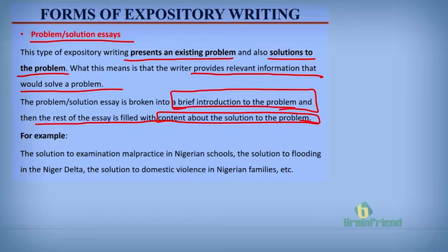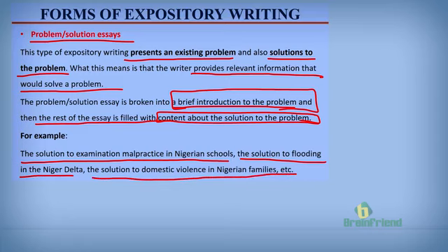Now, an example of this kind of essay would be the solution to examination malpractice in Nigerian schools. Another one is the solution to flooding in the Niger Delta. And then also we have the solution to domestic violence in Nigerian families. These are examples of topics that we can write as problem solution kind of essays. As we see here, they provide solution to an existing problem.